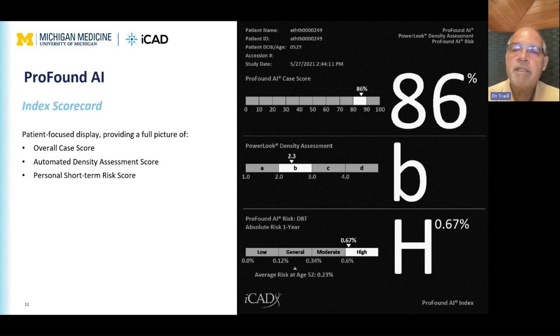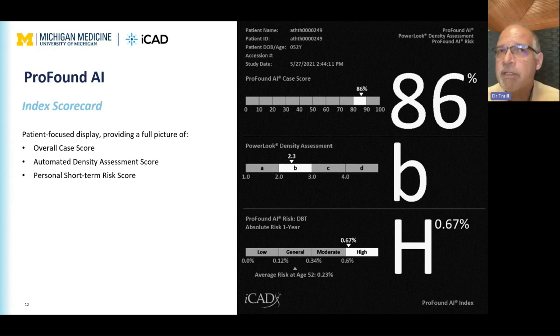But it is another metric, and like I alluded to, what we've been seeing, interestingly, is if this risk score, that's the bottom where it says high, and it gives you an absolute and a relative risk. If that score was in the general category a year ago and now it's high, it's looking like that might be a very, very strong predictor that the patient possibly already has or is going to experience an imminent cancer diagnosis.